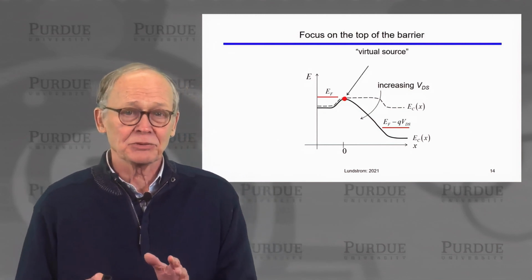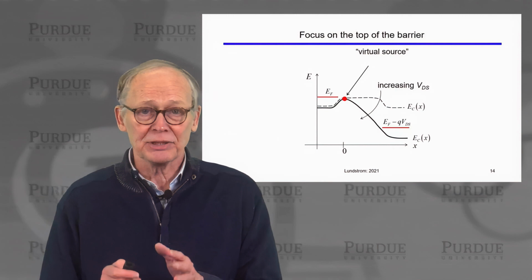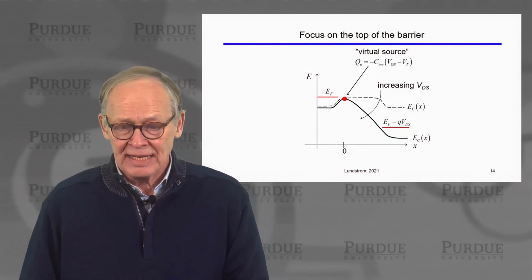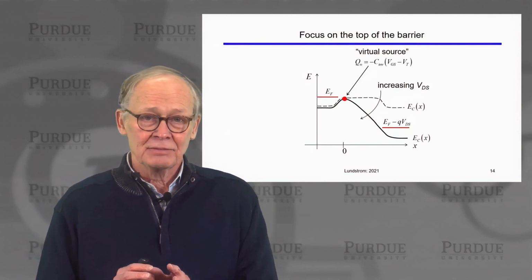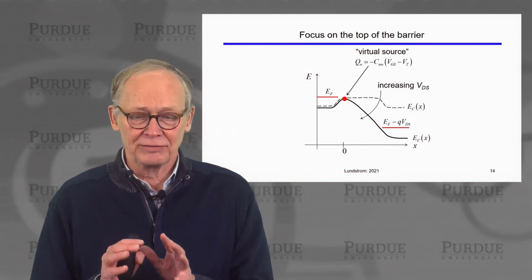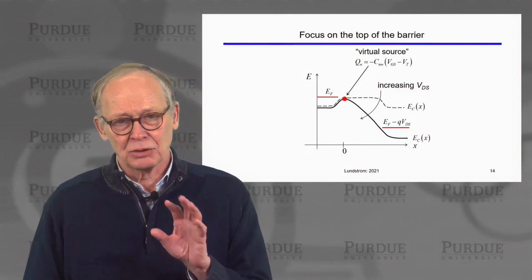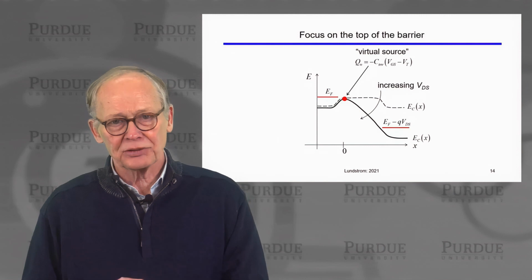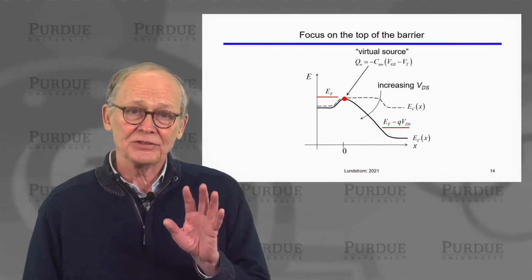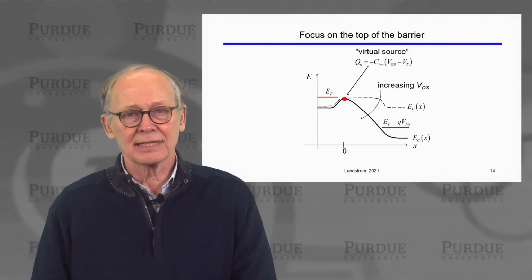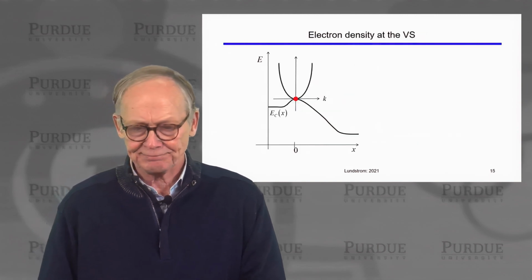And remember, the virtual source is at the top of the energy barrier between the source and the channel. And at that point, the transistor designer works very hard to ensure that the total mobile charge per square centimeter at that point is minus inversion gate capacitance times VGS minus VT.